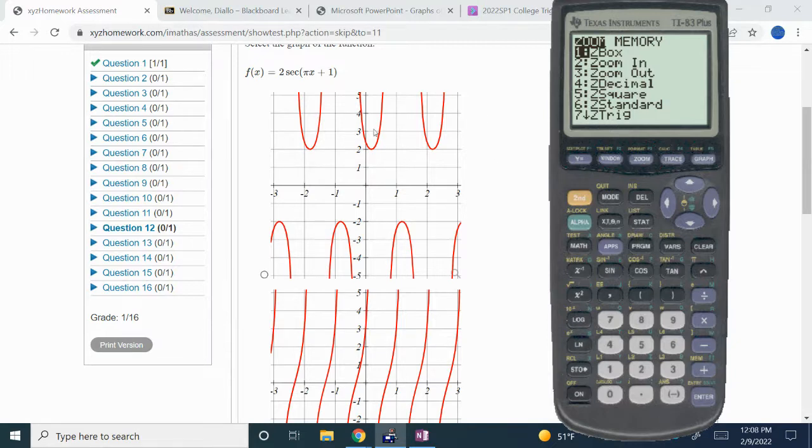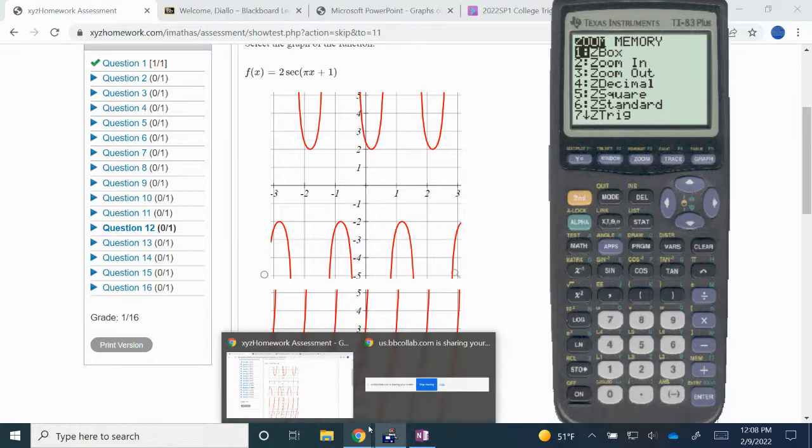Since our x and y axes are numbered 1 through 3, we're going to use the zoom standard when we graph. Also, when you're matching your calculator graph to the given answer choices, we want to concentrate on the origin. We want to concentrate on what's happening both on the y-axis and on the x-axis.